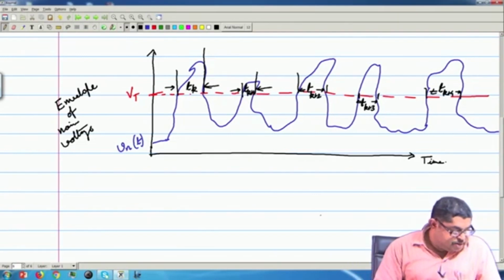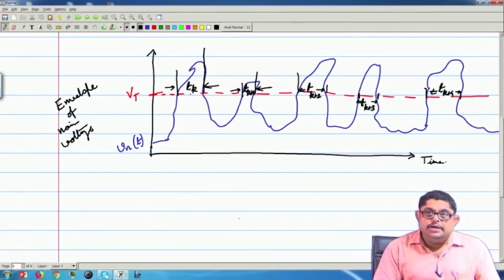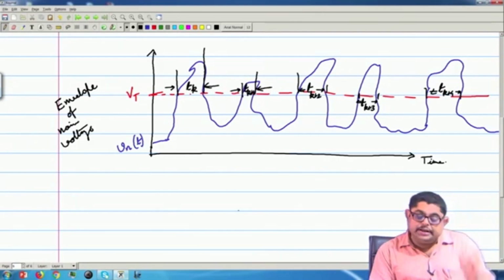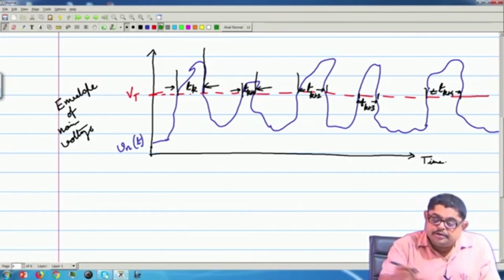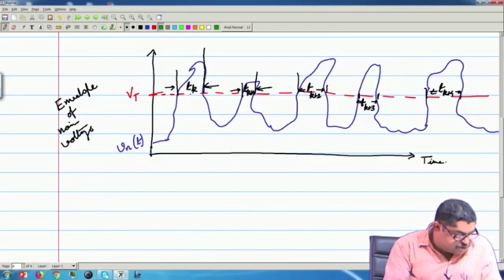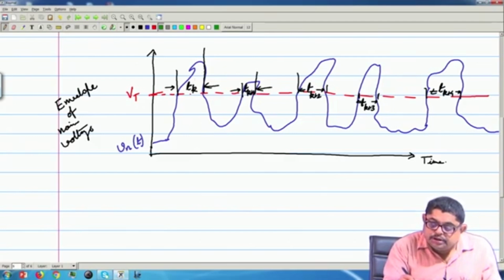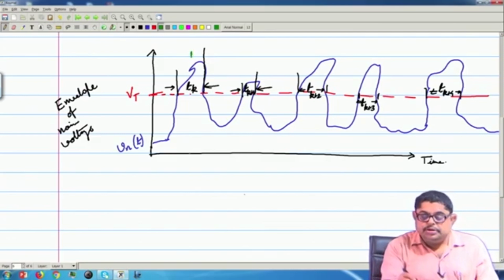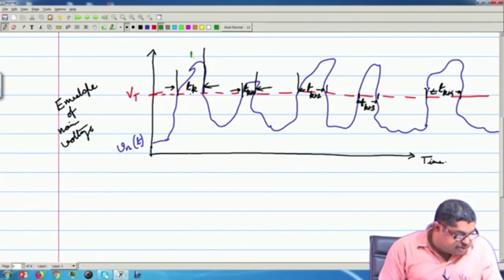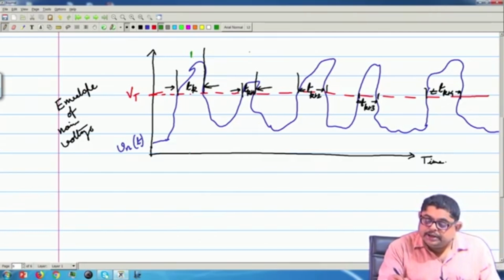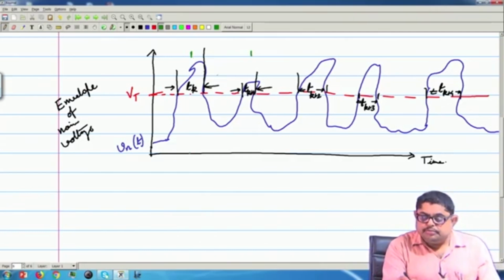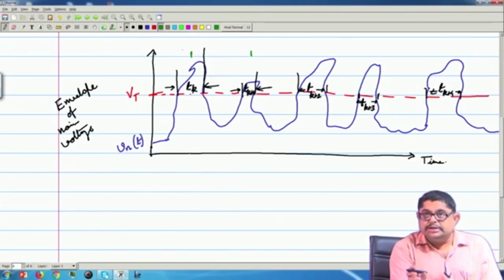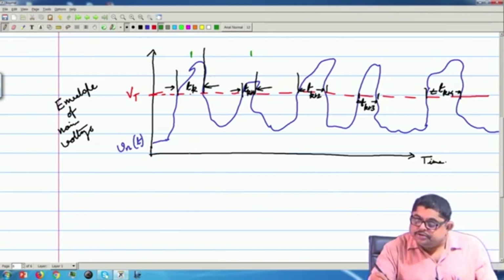Okay. And I also make another mark, almost at the midpoint of these intervals where the noise is above the threshold. So, I am just noting them.